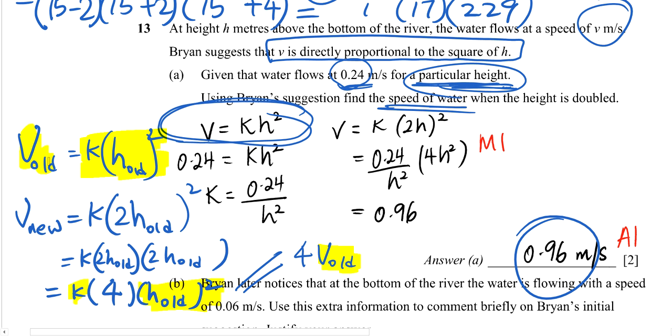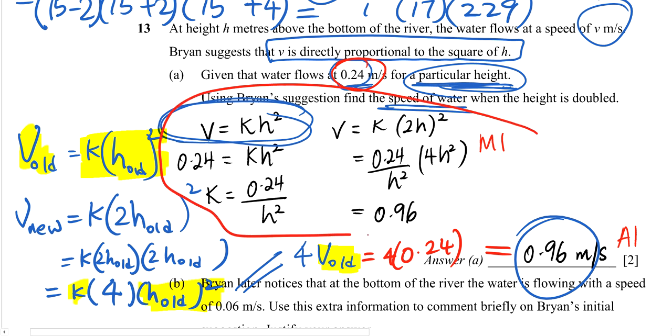Okay? So now, what is the old velocity? 0.24. So the new velocity equals 4 times 0.24, which is 0.96. Okay? This is how I will do it. If you want to take a shortcut, you can do this. It is shorter.